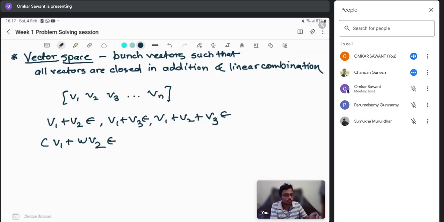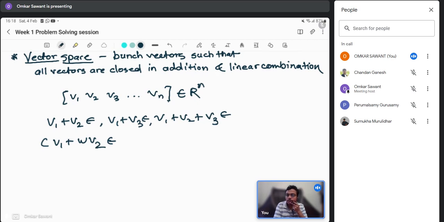See, if this belongs to some vector space, how do you ensure it is belonging to the vector space? If v1, v2, v3, up to vn, we have n vectors belonging to some vector space R^n, how will you define whether these vectors are in that particular vector space R raised to n?